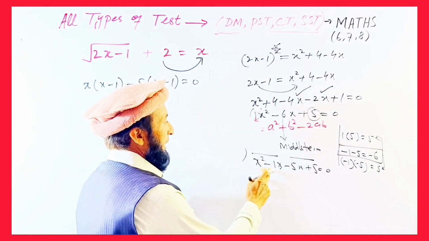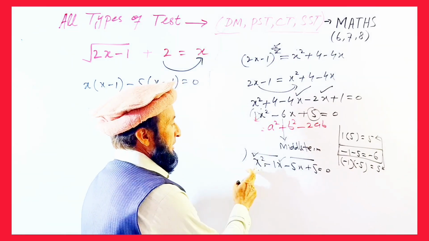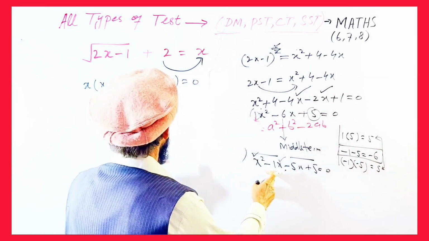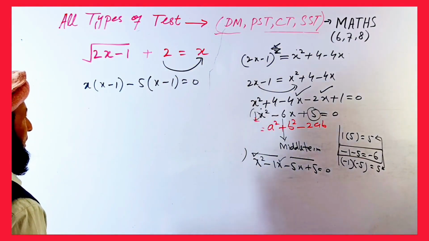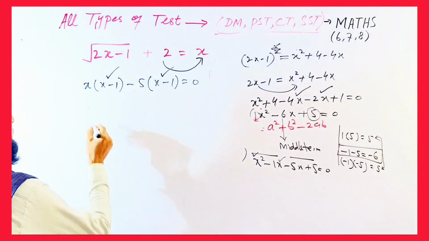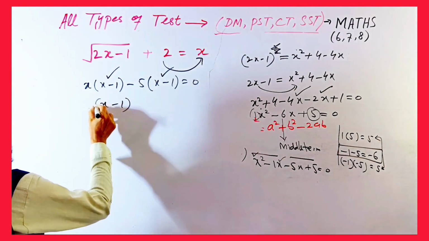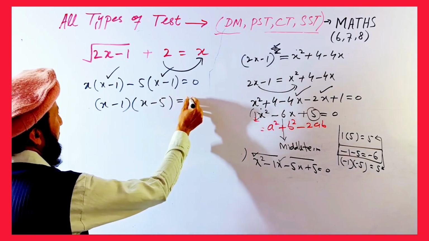We take x common from the first pair, so x is remaining, and minus 1 remains. The pairs must be the same, otherwise your question will be wrong. So we take x minus 1 from both pairs, times x minus 5, equal to 0.